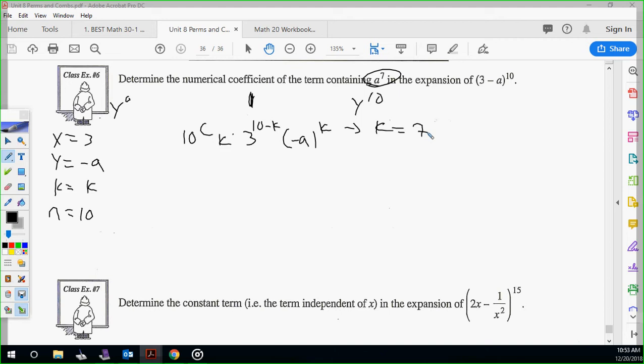So that means we're looking at T of 8, k plus 1, and you're still going to do 10 choose 7, which is 1 less than the term, as we've talked about. Then we go 10 minus 7 for 3 cubed, and then we have negative a, not cubed, negative a to the 7th.